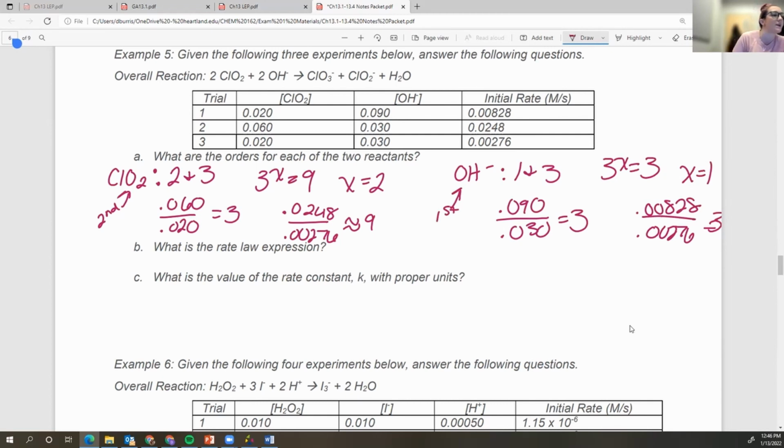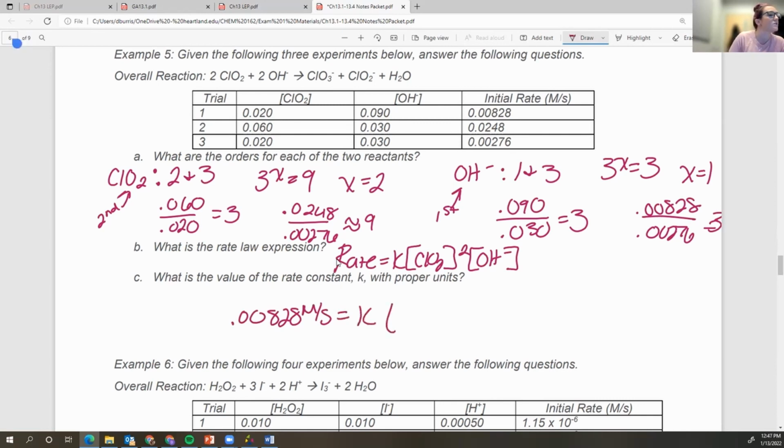So if I said write the rate law expression, you would go rate equals K times my first reactant to the second power times my second reactant to the first power. You don't have to write the 1 if it's understood. What is the value of the rate constant K? So I'm going to just choose trial 1 and plug things in. So the rate is 0.00828 molarity per second equals K times ClO2 squared.